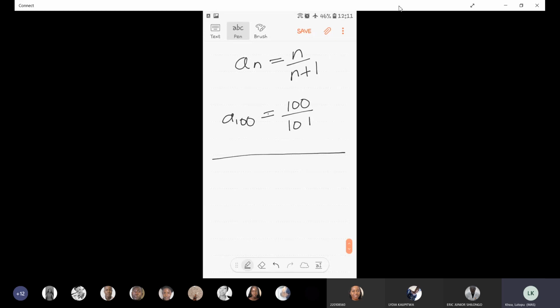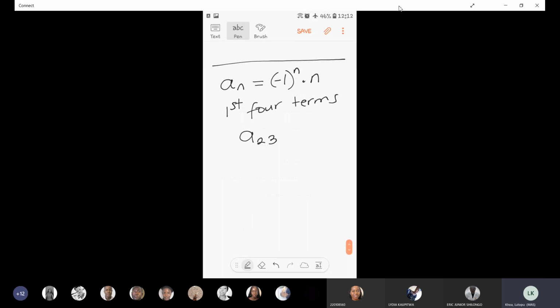Let us find the first 4 terms in a given sequence. So let's say I give you the formula for the nth term. This is minus 1 to the power of n times n. Now I want the first 4 terms as well as the 23rd term in this sequence.